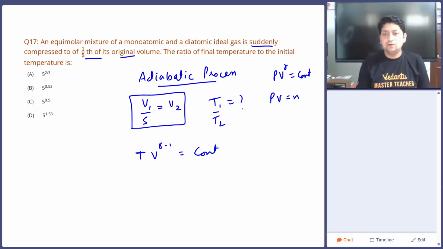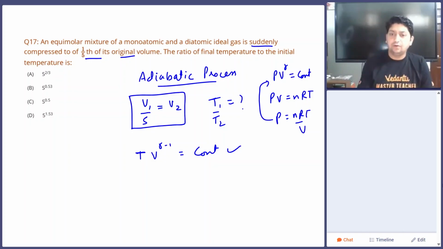And using PV is equal to nRT, we can replace P with nRT by V. So over here we get this equation, right? It's very simple. You can put the value over here of P and we will get this equation. Now temperatures are to be found. Now the thing is, we don't know the value of gamma.